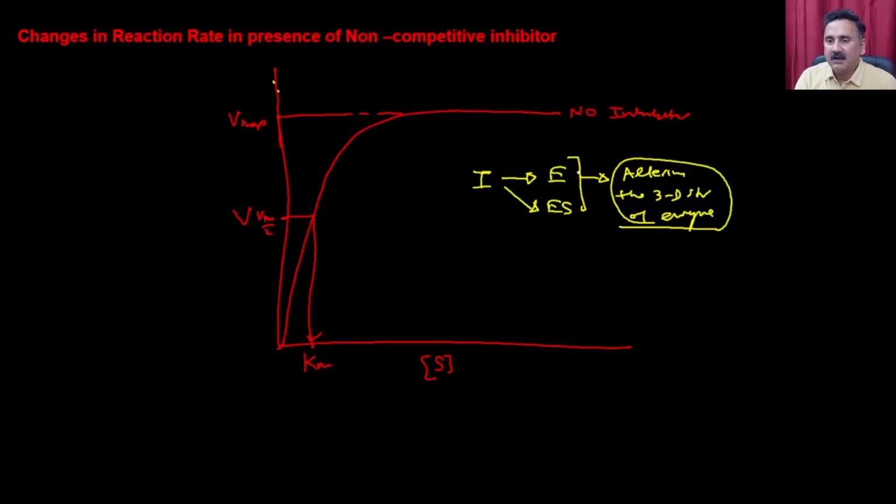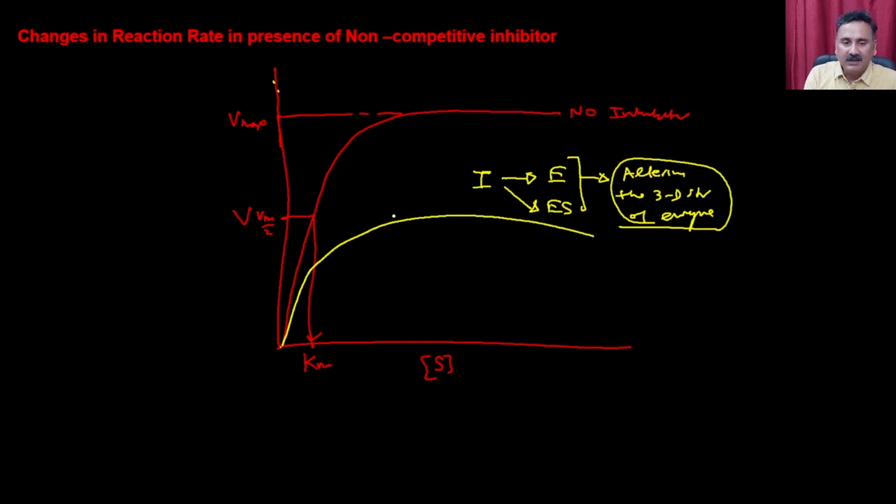And so as a result, it is going to change its affinity for the substrate, or change its interaction with the substrate. So as a result, it will not be able to attain the Vmax.